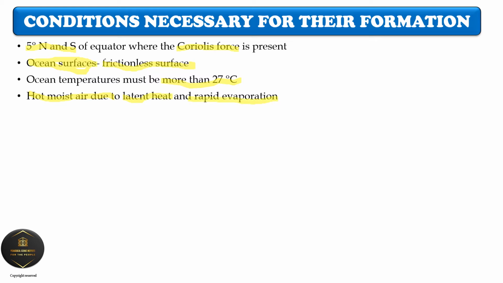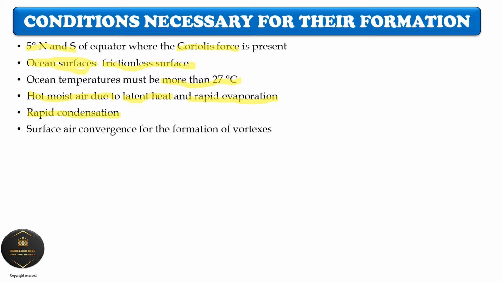Remember, guys, latent heat is, in simple terms, basically heat that is stored in water as this water gets evaporated. And we also need rapid condensation. So this heat will lead to rapid condensation, of course. So that's another condition we need to have in place. And we need a lot of surface air convergence.